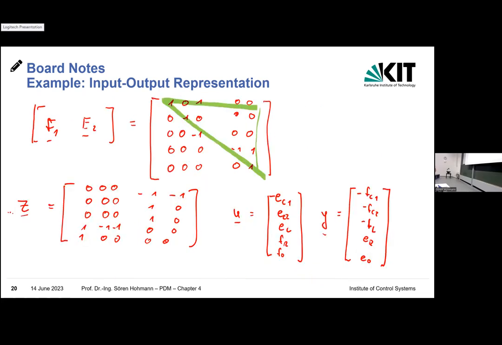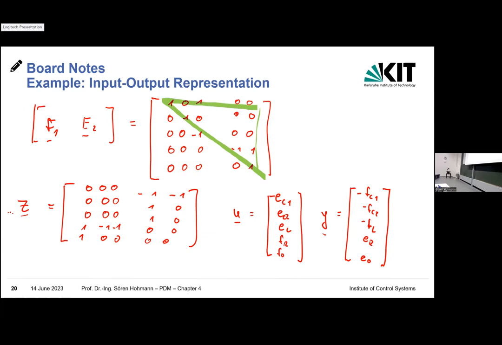Basically, we always find, in all current law equations and voltage law equations, a set of independent equations which finally gives a set of variables equal to a matrix times a set of variables of everything. That's what I wanted to show. So the direct structure kind of predicts the input and output.